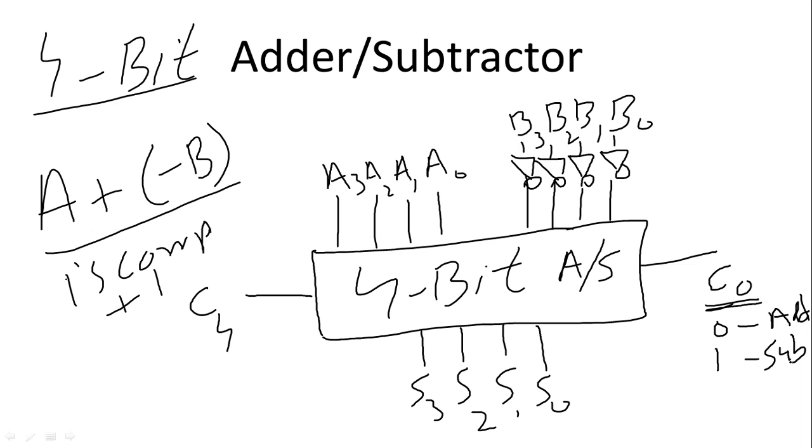So it's pretty simple. If we attach these 4 NOT gates and update our C0 from 0 to 1, the same circuit will start working as a 4-bit binary subtractor. If we remove these NOT gates and update our C0 to 0, the circuit will start working as an adder.